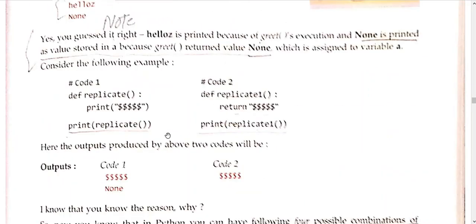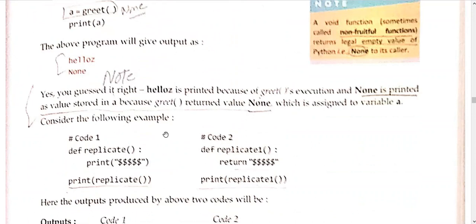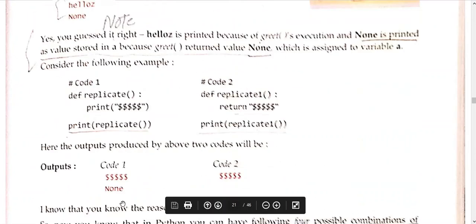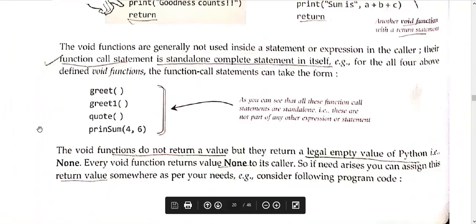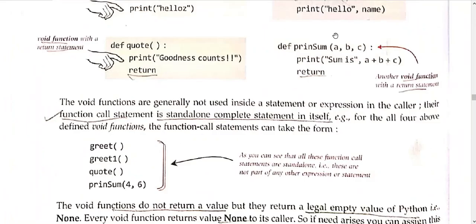So here we have done all of the examples. This is a non-void function with no arguments, right? This is also a non-void function. You can see this non-void function, it is going to return a value, but it is having arguments. This type of function is a void function with no arguments, nothing is written inside it.